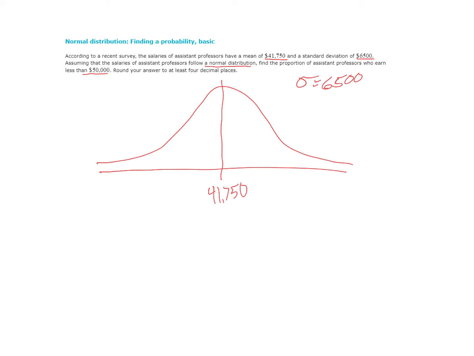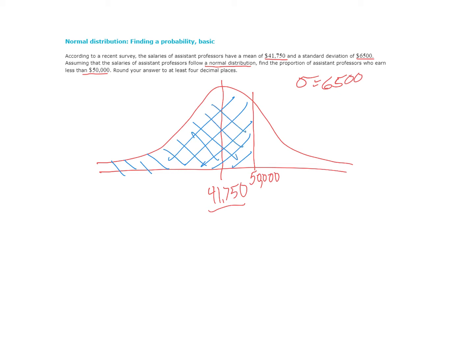If this is 41,750, then 50,000 is somewhere over here on that side of the mean. I want to know the proportion of people getting less than that, so I'm looking for this area right here.